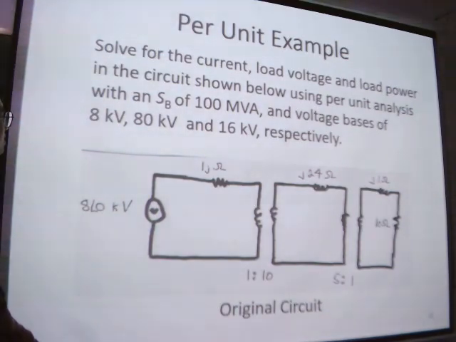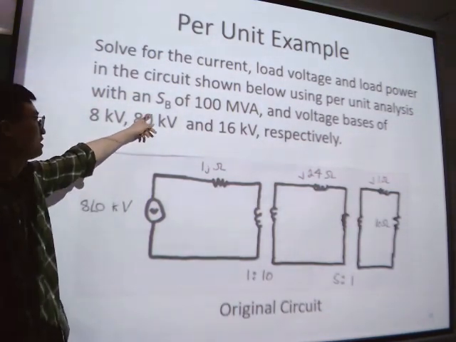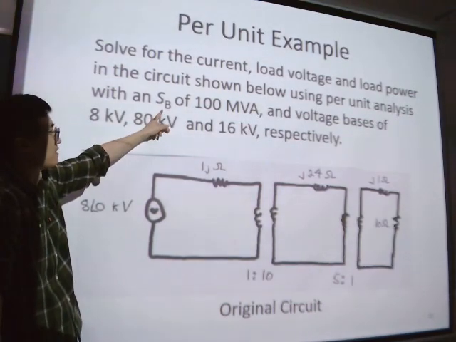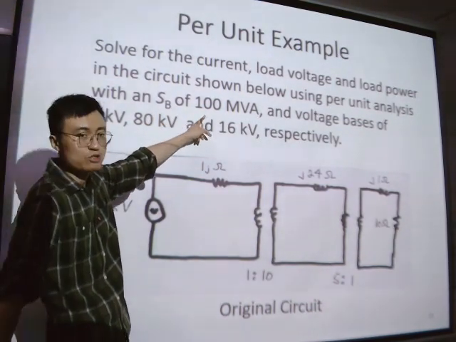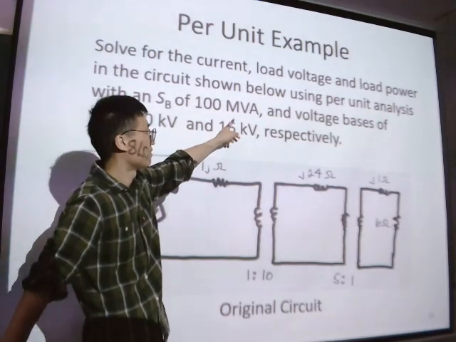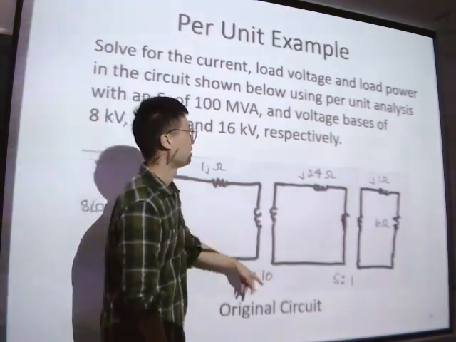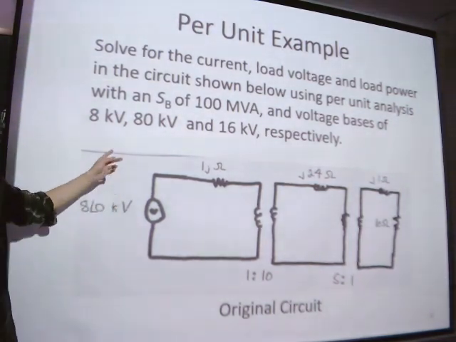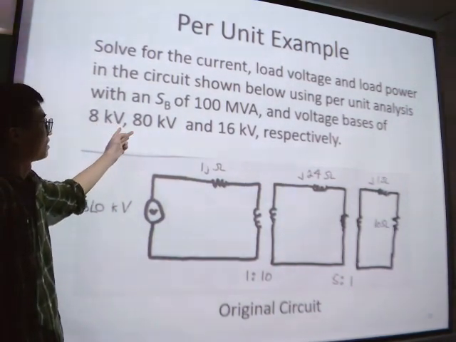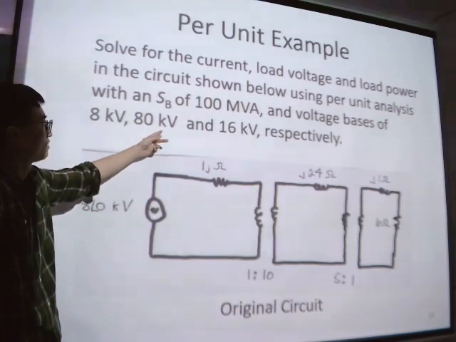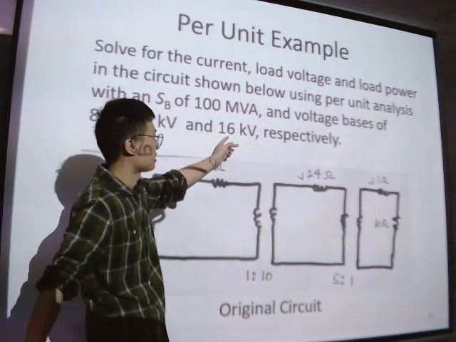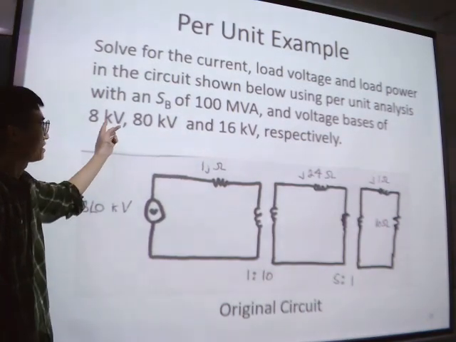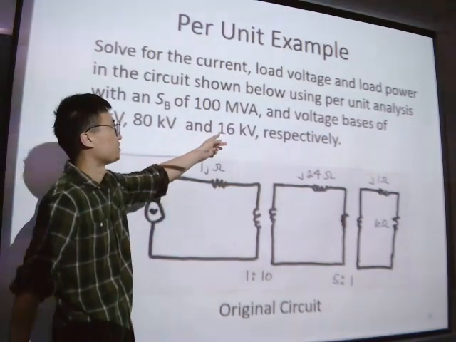Using the per unit method, in this system we will assume that the base of the complex power is 100 MW, okay? So the voltage bases are 10 kV, 18 kV, and 16 kV.